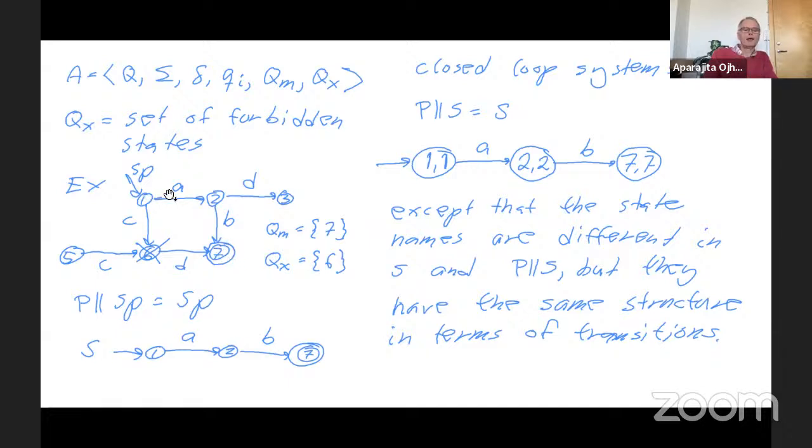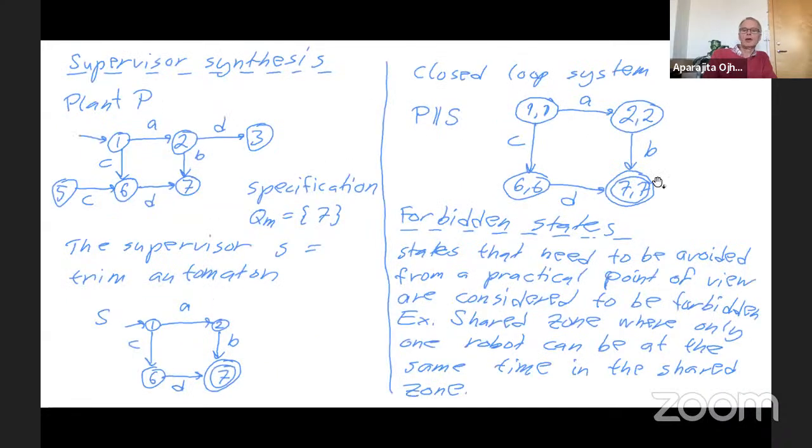This is the only desired way to reach your marked state. You cannot anymore take the alternative, where you could take A, B, or C, D. But if you consider state 6 to be forbidden, then you have to skip that.